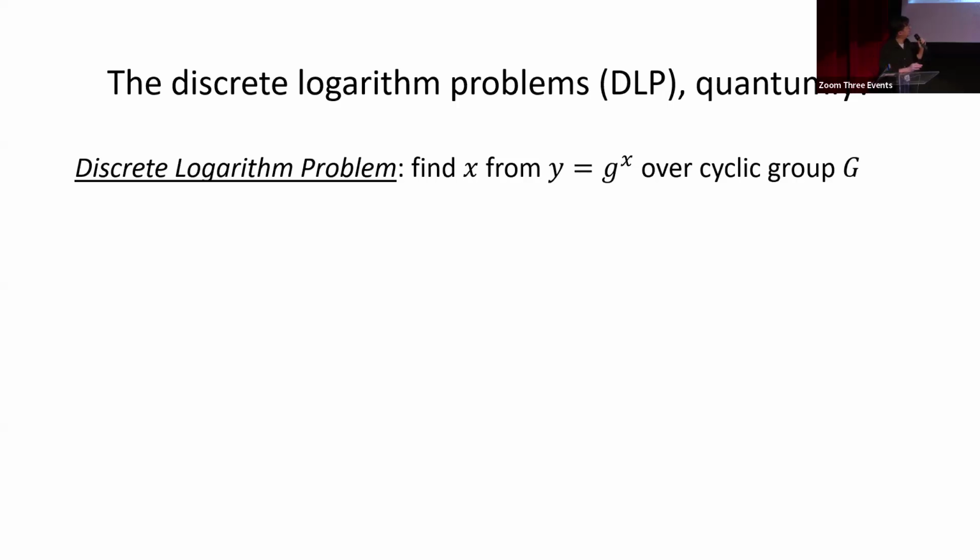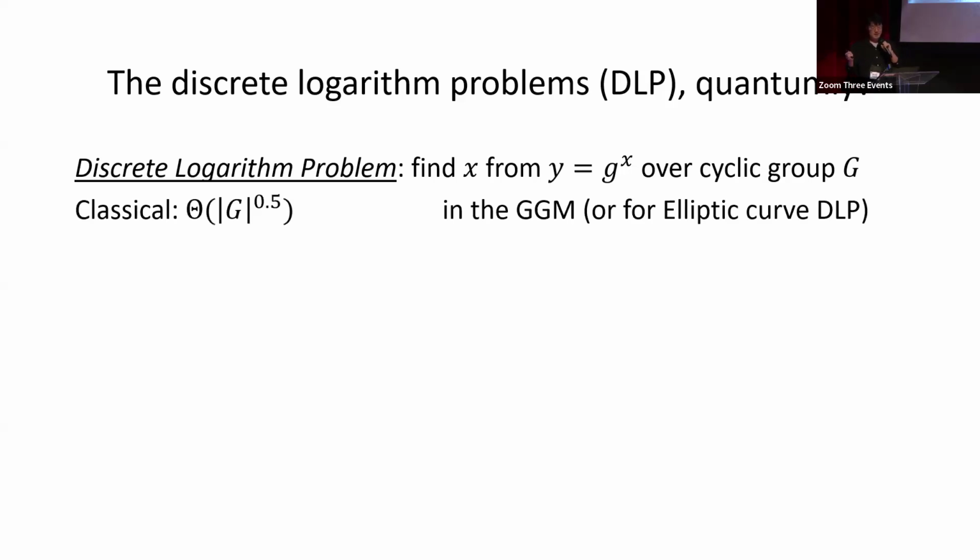We all know this problem: given a cyclic group, let's say of prime order, and a problem instance y, which is equal to g to the x, we want to find x. In the classical setting, as I said, in the generic group model we need to make square root of G group operations, and as far as we know it's almost the same for the elliptic curve discrete logarithm.